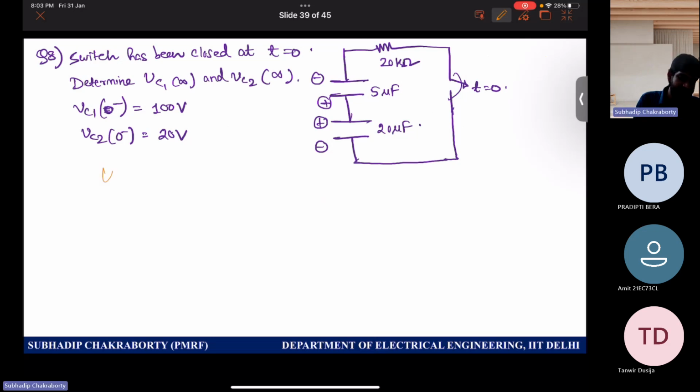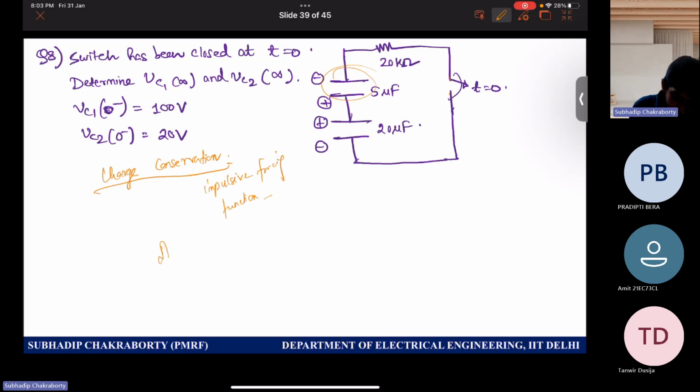So this is based on charge conservation, right? I told you, whenever the impulsive forcing function is there, because the capacitor was initially maybe having some different charges, and then you are connecting the two, so it is kind of impulsive forcing function.